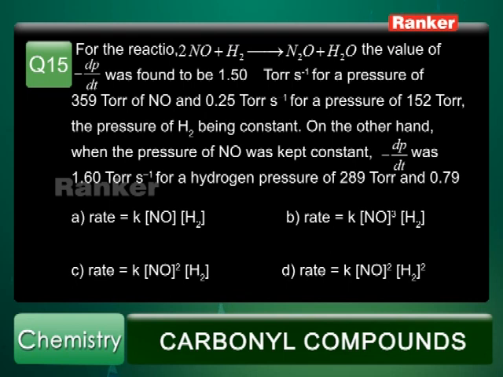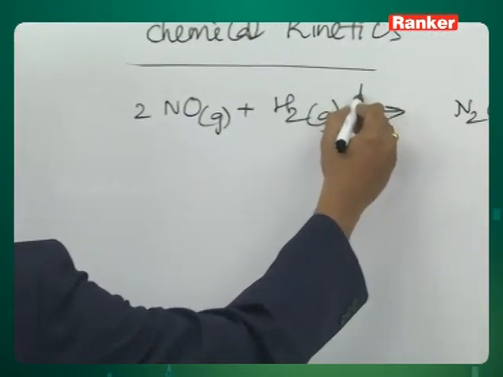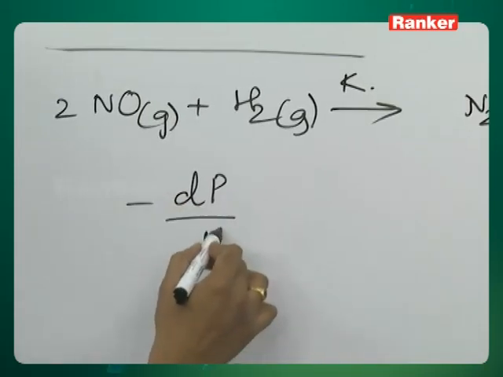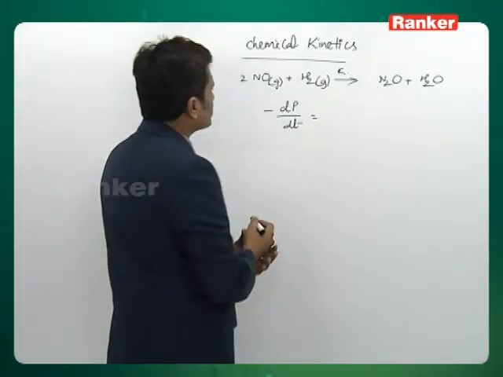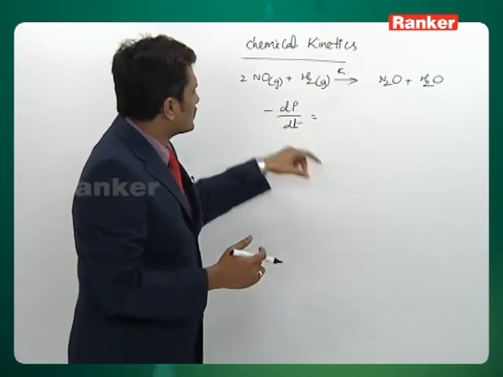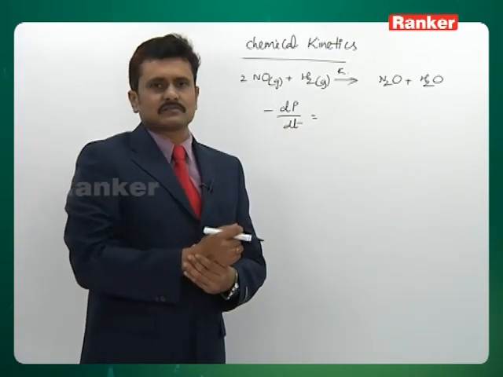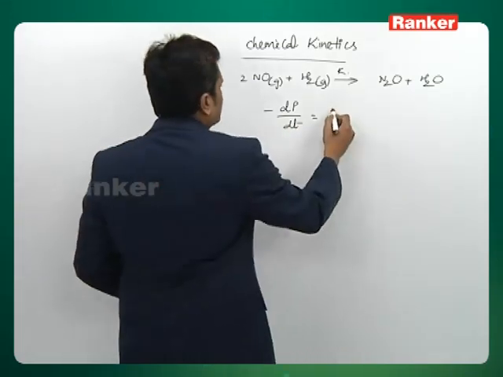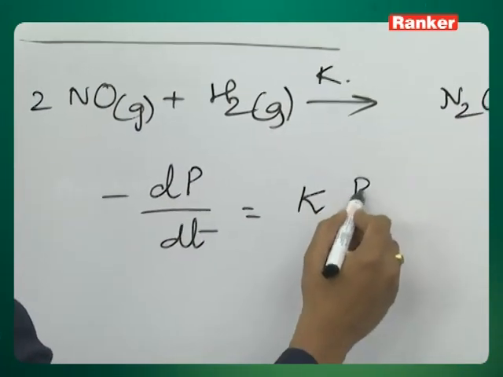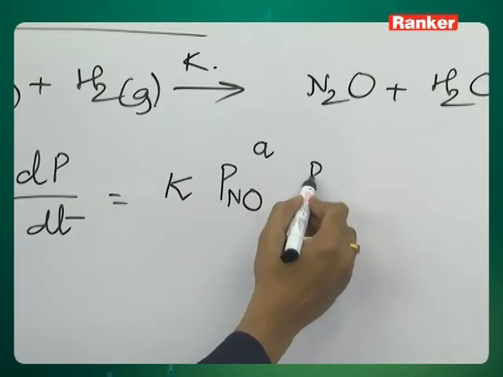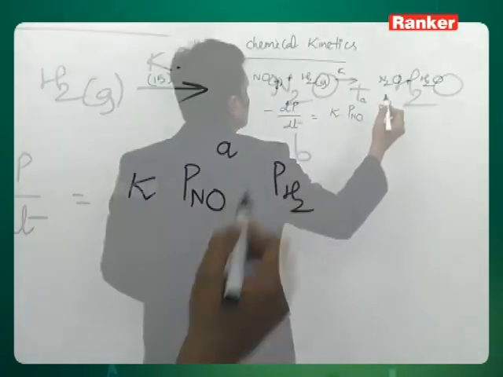In this case, if I assume that the rate constant for the given reaction is K, minus dP by dt, that is the rate with which the reactants are reacting, or the decrease in pressure of the reactants per unit time, is K times the partial pressure of NO whole power some coefficient and partial pressure of H2 whole power some coefficient.